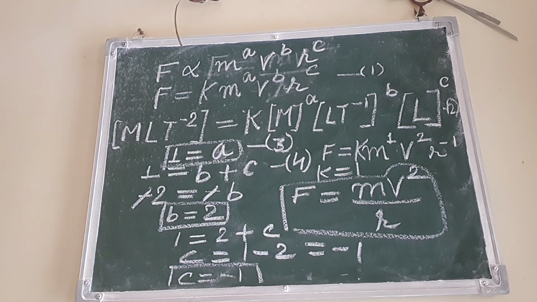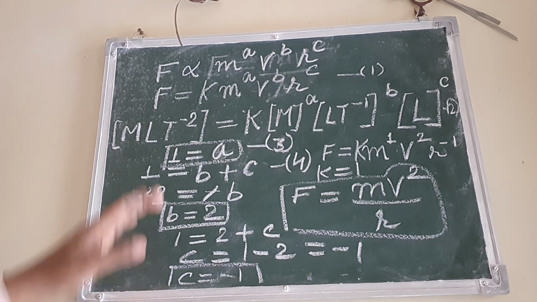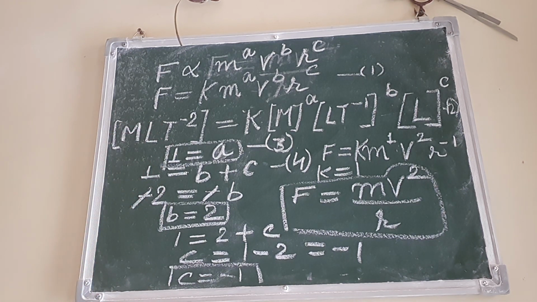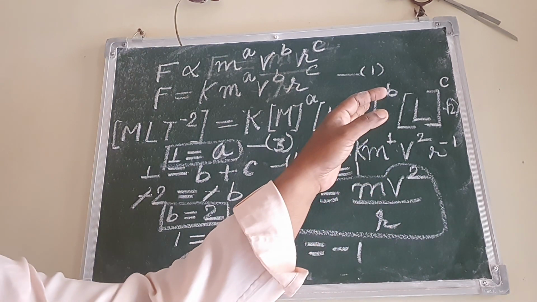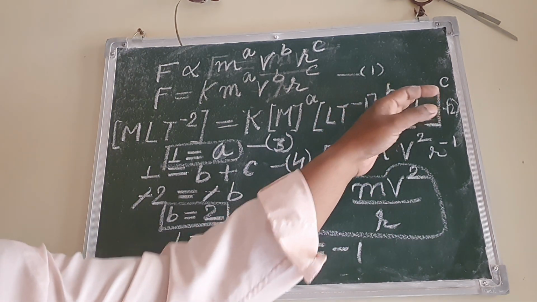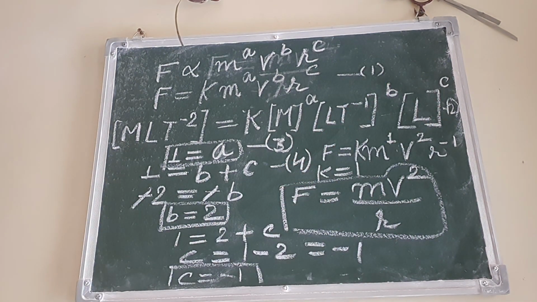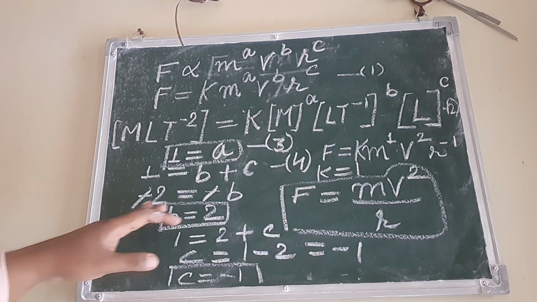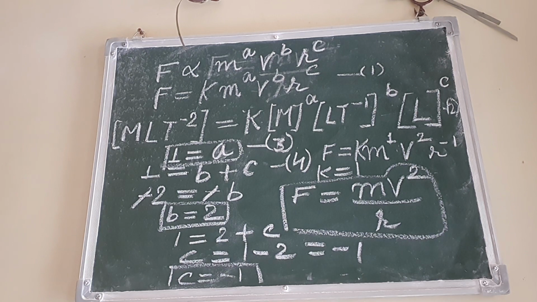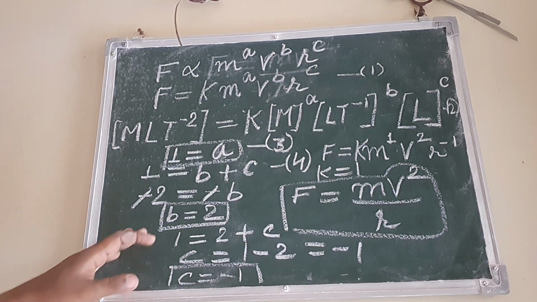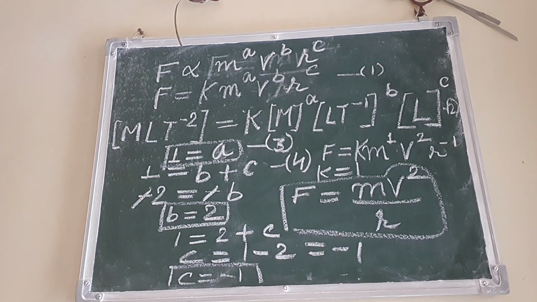Now comparing the dimensions of T on both sides. On the left hand side, the dimension of T is minus 2. On the right hand side, it is minus 1 multiplied by b, that is the exponent, which becomes minus b. So minus 2 is equal to minus b. The minus sign gets cancelled from both sides, so b is equal to 2.